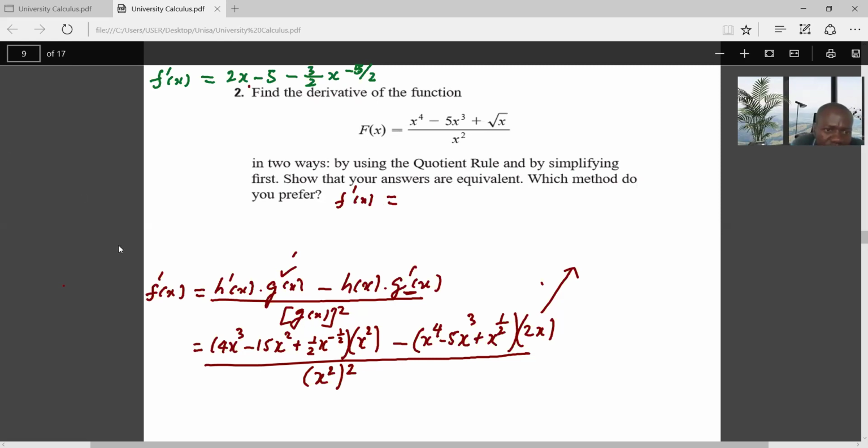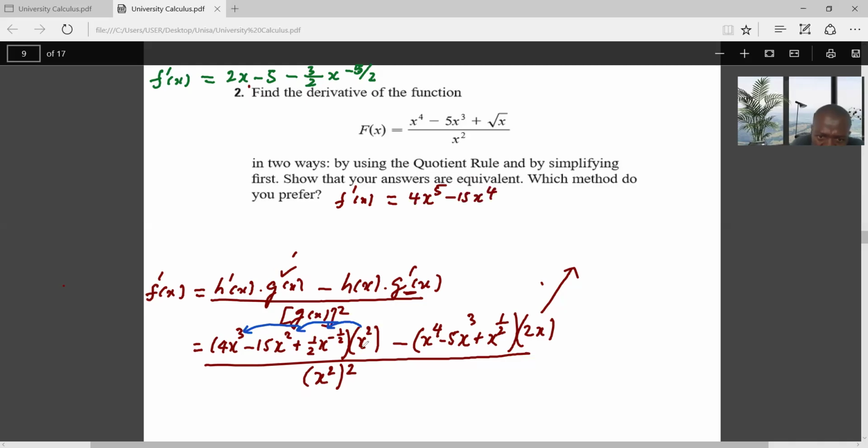So we multiply in by the x squared inside there, and there also. If we multiply by x squared, this will be 4x to the power 5, minus 15x to the power 4.